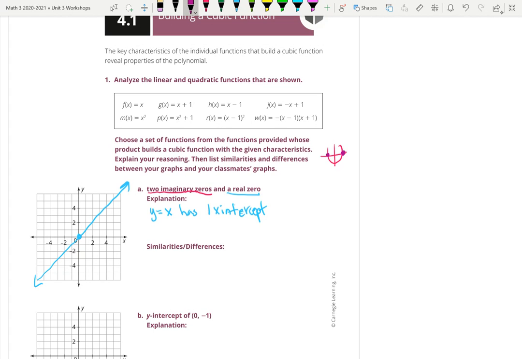But if I use a transformation and move it up or down, what happens is that it no longer crosses the x-axis. The answers to degree 2 are imaginary. So I need to pick something with a transformation going up specifically. So I'm going to choose p of x is equal to x squared plus 1. X squared plus 1 is the graph x squared moved up 1 unit.